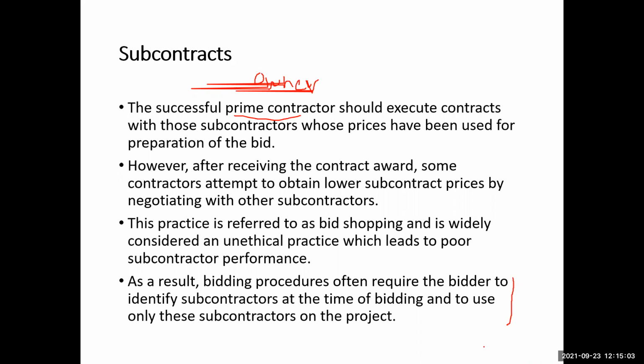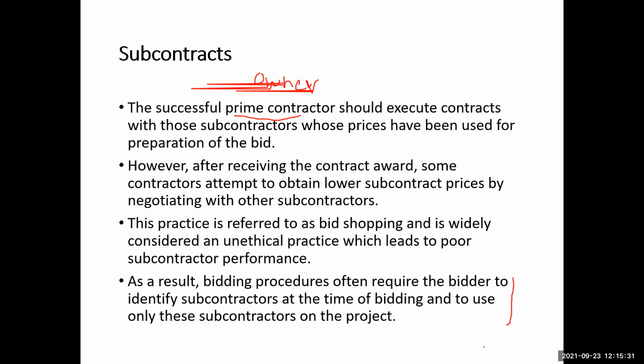But in that case, the owner will not be able to change the price of the contract with the prime contractor, because if the contract is for a fixed price, the contractor will get a fixed amount of money from the owner.